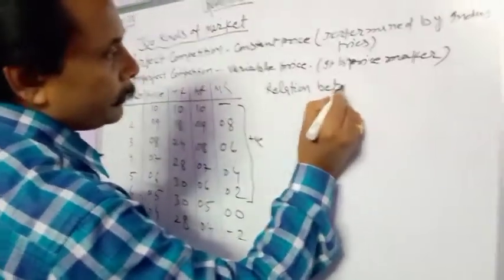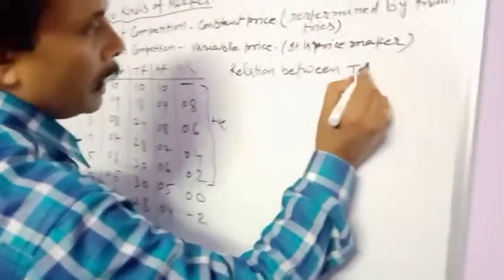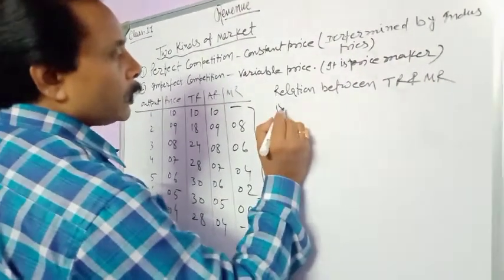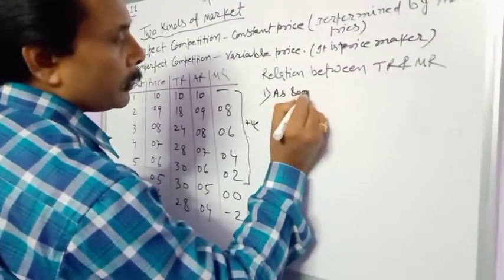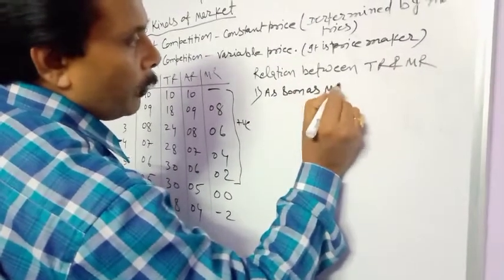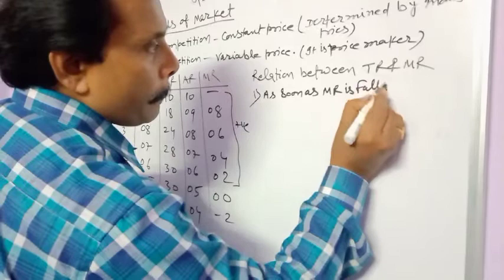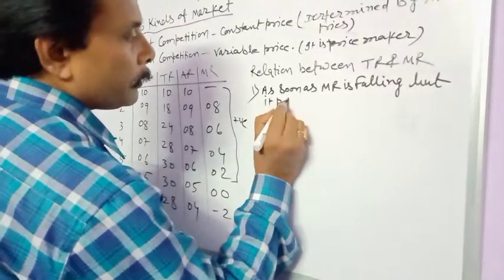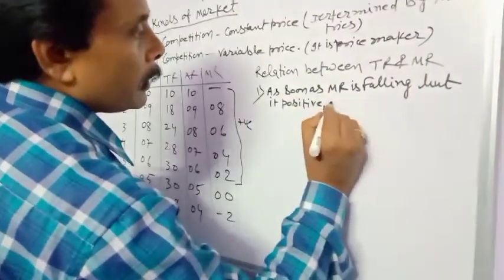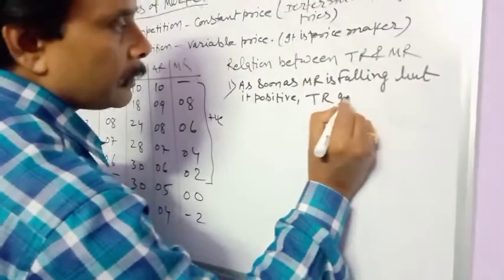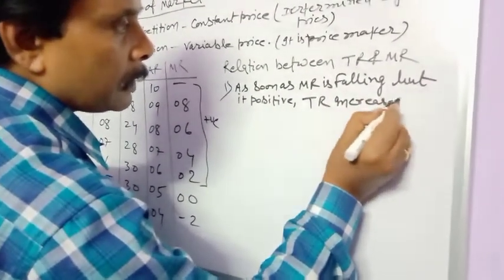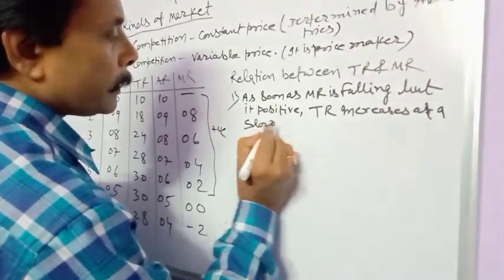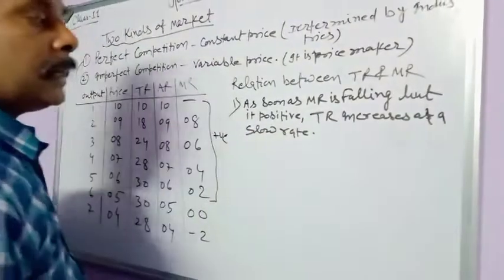between TR and MR. First, as long as MR is falling but positive, TR increases at a slow rate or diminishing rate.